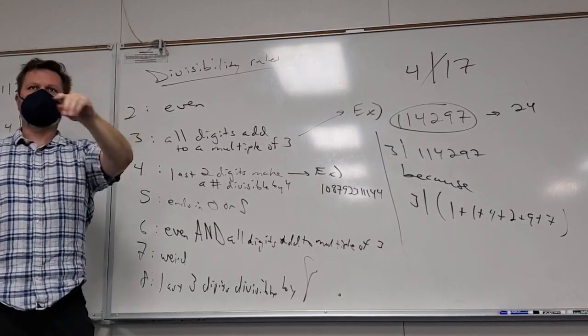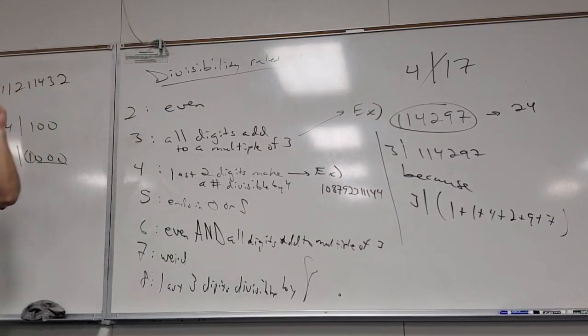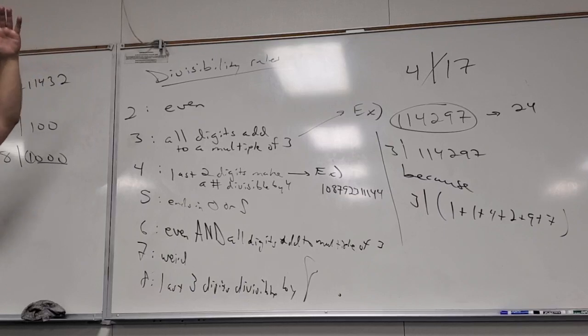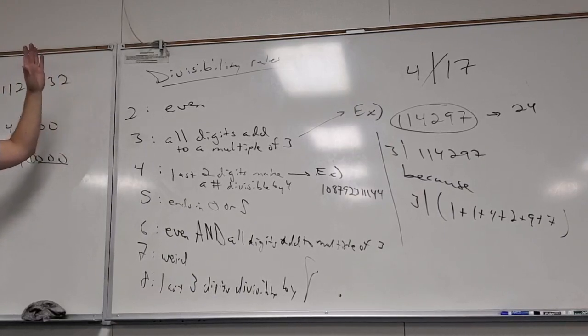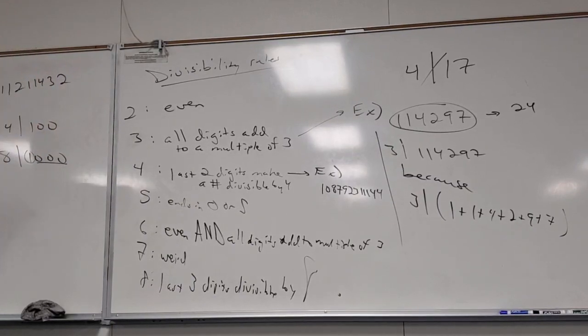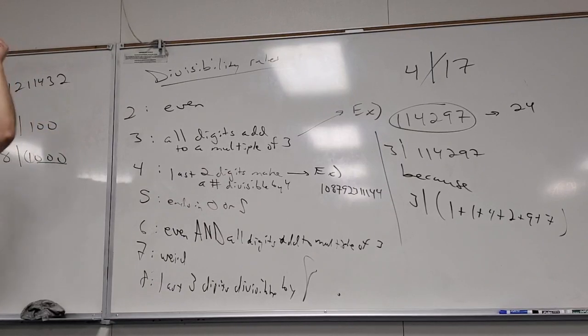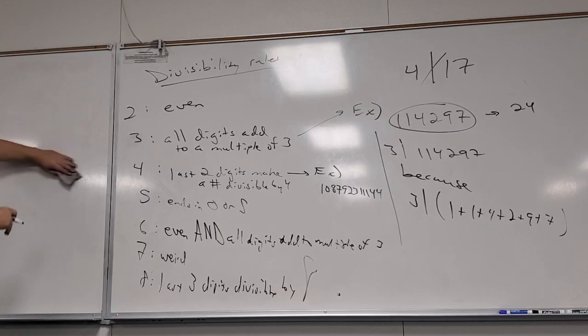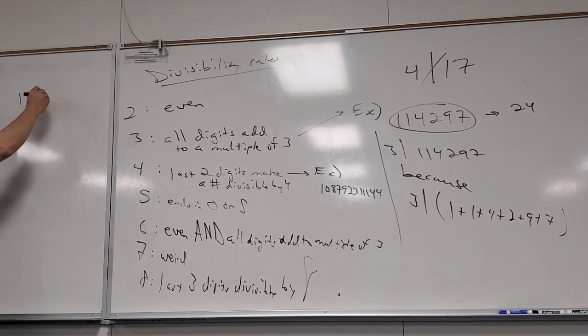Is that cool? So if you have a number and all the digits add to 6, is it divisible by 3? Yes. Is it divisible by 9? No. What's it take to be divisible by 9? They have to add up to be a multiple of 9. So the number 1, 1, 2, 2.